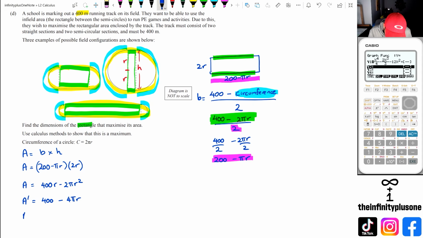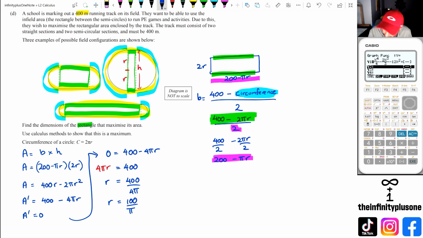I know that the gradient function is equal to 0 for max or minimum. So 0 is equal to 400 minus 4 pi r. Rearranging it, 4 pi r equals 400, and the radius is equal to 400 divided by 4 pi, or r is equal to 100 over pi.